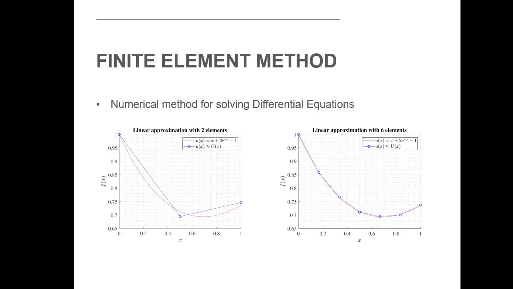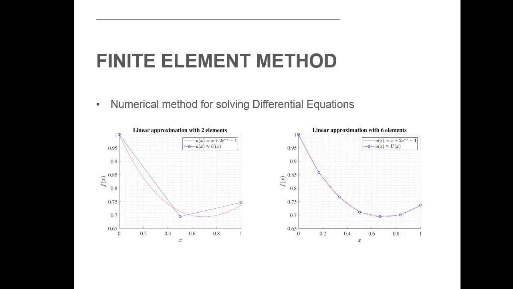In this example, we have a one-dimensional equation whose correct analytical solution is the red line in the graphs. To the left, we've tried to solve this equation by approximating the solution with two straight lines, or linear elements as they are called in the finite element method. The method is set up so that it finds the best solution for the endpoints of the lines, or nodes as they're called, so that the error or deviation between the blue lines and the red one is as small as possible.